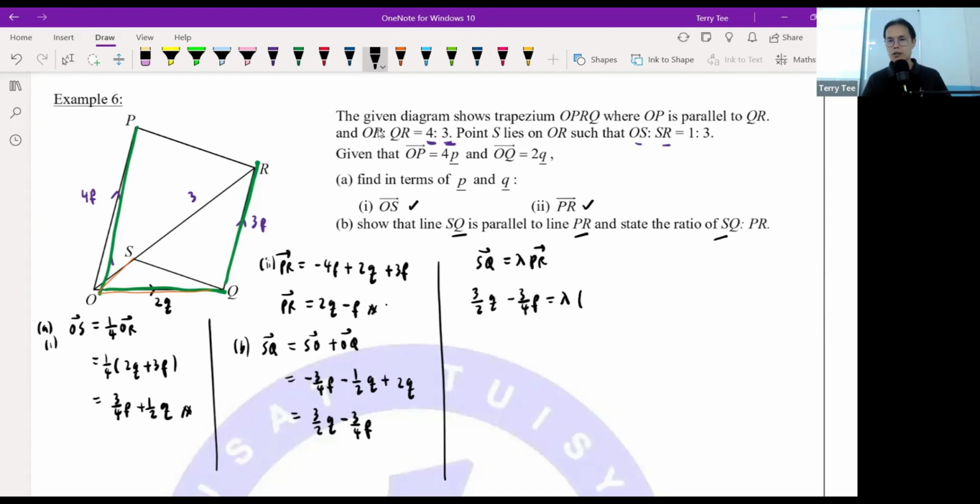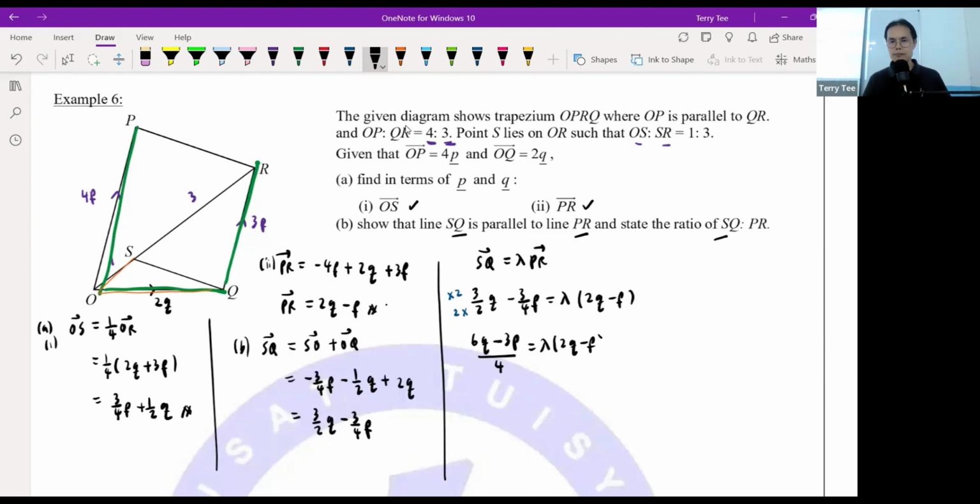My PR is 2Q minus P. So let's factorize this. Maybe I show you this way. I just multiply top and bottom by 2. So 6Q minus 3P over 4. This is lambda times 2Q minus P.